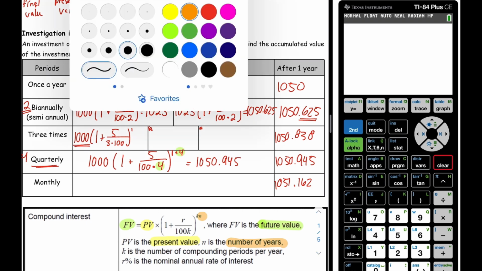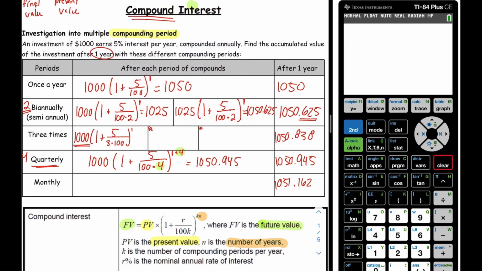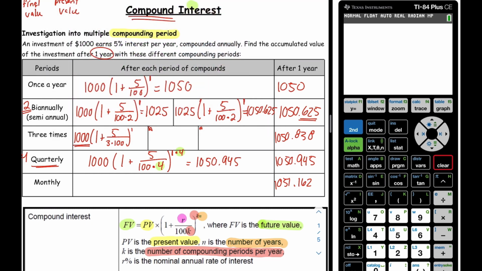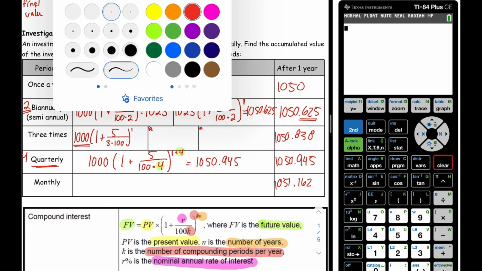Then we have K. K is how many compounding periods we have. And notice that K is used twice. So the number of compounding periods per year. And the final value in this formula is R, which is our nominal annual rate. What do they mean by the nominal annual rate?